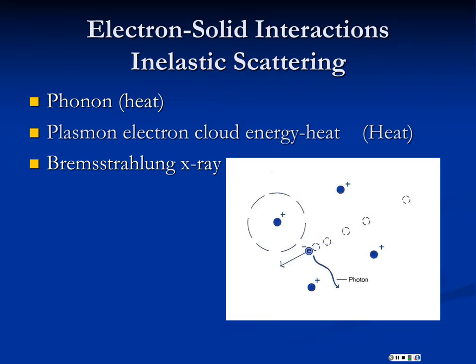If an electron is going to slow down, it's going to lose kinetic energy. It has to give away the energy as something, and it gives it away as a photon, not a torpedo, but a photon, which is a particle, essentially, of light, or in this case, an X-ray photon.